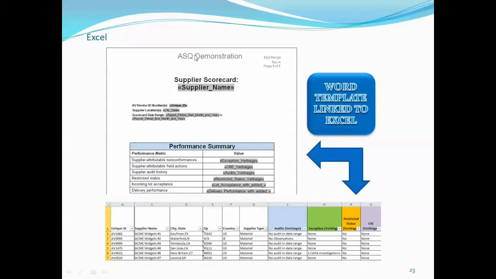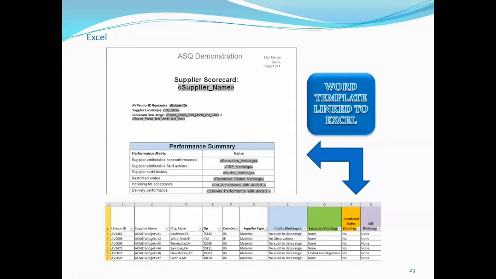So for example, for this scorecard page, the first page that it would make would be reflected off of this first row of data. Every data point here that's under the appropriate column would be automatically inserted into this document. Once it finishes with the first page, it moves on to the second row of data and does the same thing in the third and the fourth and the fifth, etc. So it can do a tremendous number of pages very, very quickly, and it's all reflecting data that's within the Excel database.